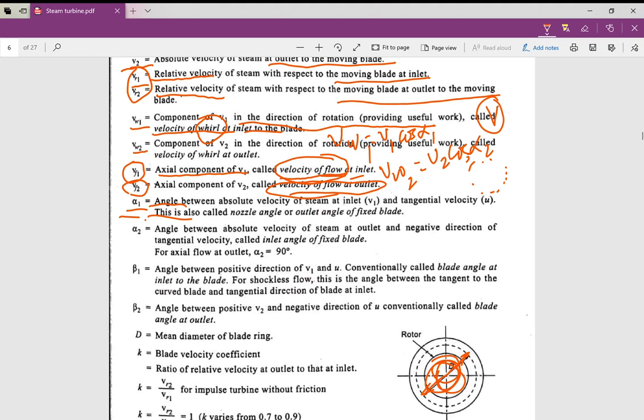Alpha is the angle between the absolute velocity of steam V1 and the tangential velocity U. Alpha 2 is the same at the outlet. For axial flow, you should remember alpha 2 is 90 degrees. I will show the velocity triangle.